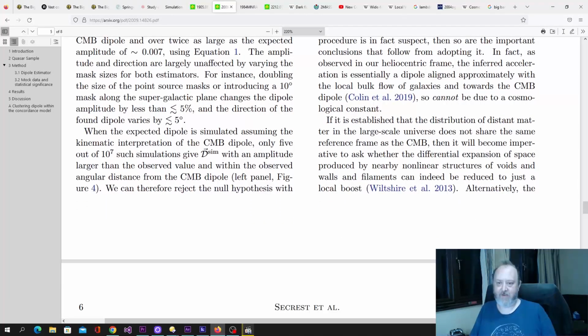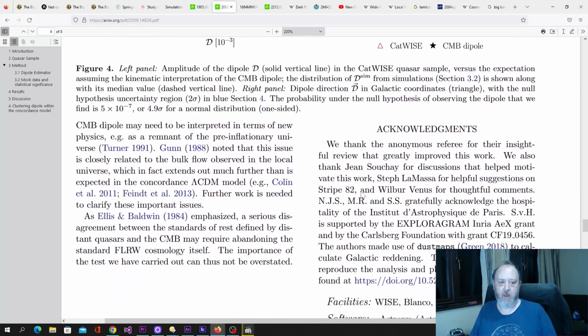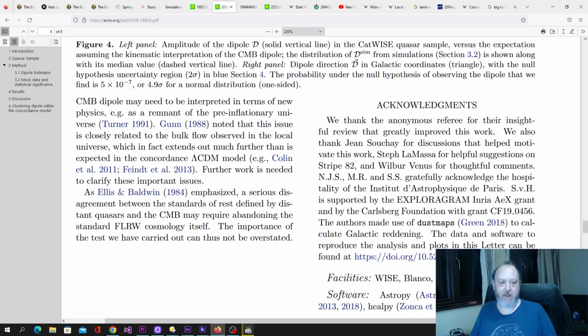If it is established that the distribution of distant matter in the large-scale universe does not share the same reference frame as the CMB, then it will become imperative to ask whether the differential expansion of space produced by nearby nonlinear structures of voids, walls, and filaments can indeed be reduced to just a local boost. Alternatively, the CMB dipole may need to be interpreted in terms of new physics, e.g., as a remnant of the pre-inflationary universe.